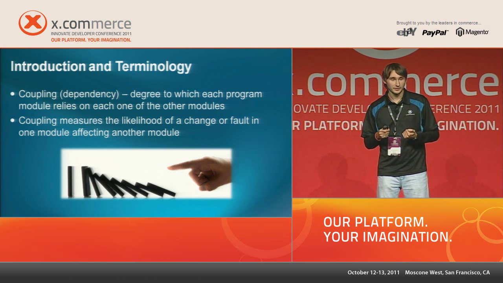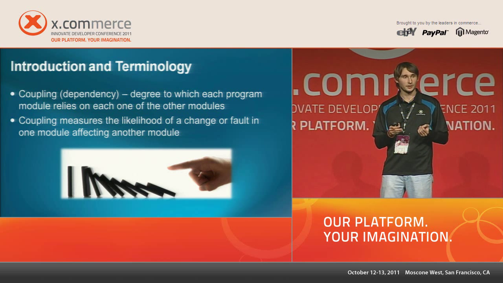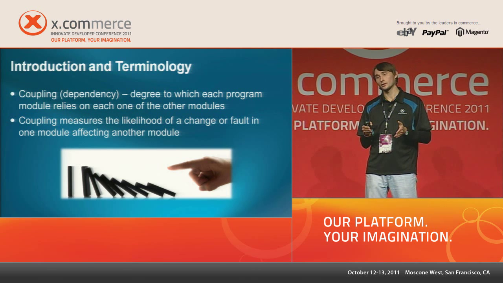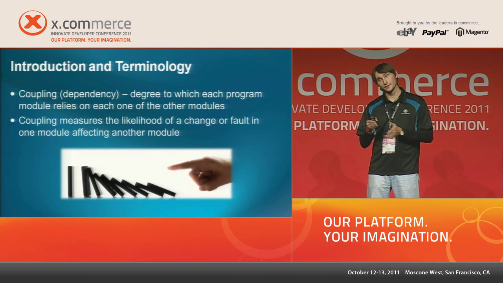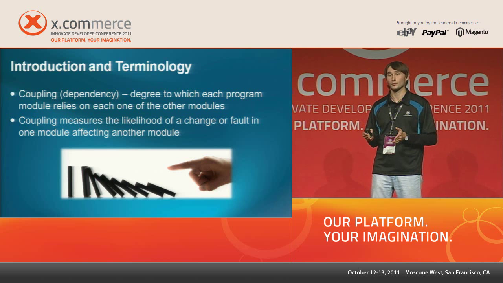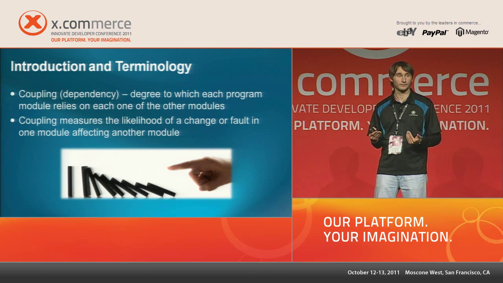And low coupling means that a change or even a fault or error in one module most probably won't affect other parts of our system, which is obviously what we want to achieve and see in our systems.